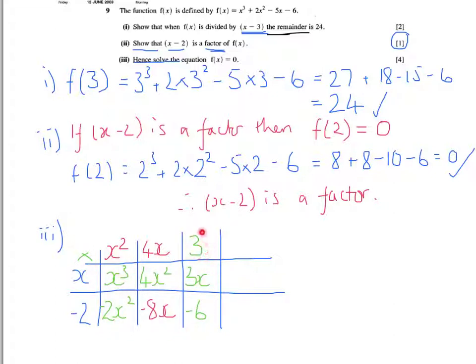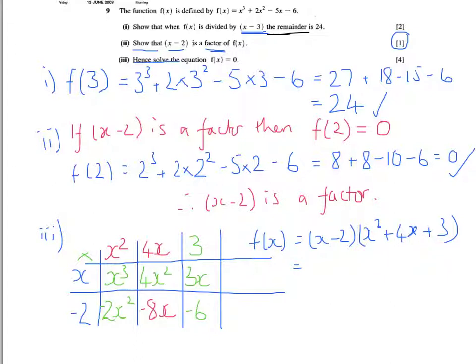And this expression here is what we're left with. Therefore, f of x is equal to x minus 2 times x squared plus 4x plus 3, where we've got that expression in this bracket.